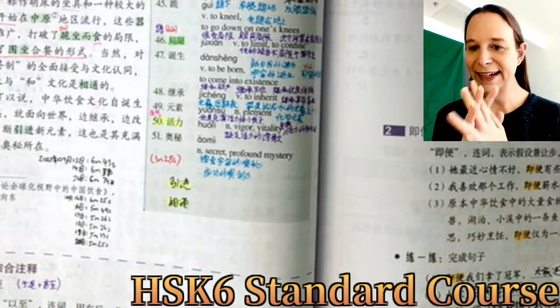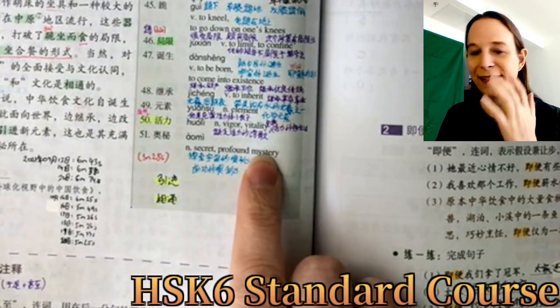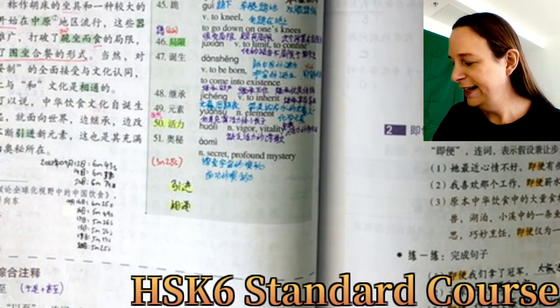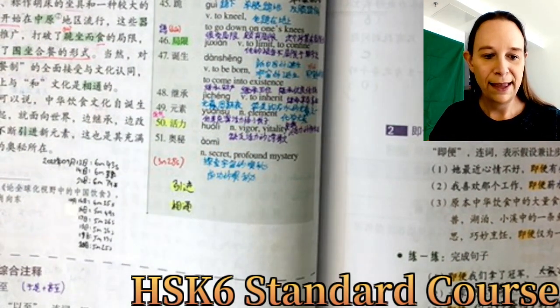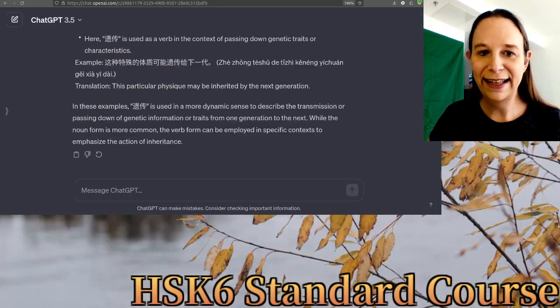Next, 奥秘. 奥秘 is a noun. It is a profound mystery, kind of like unsolved problems in science.